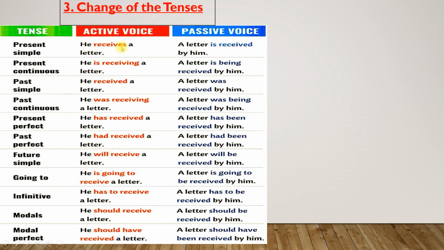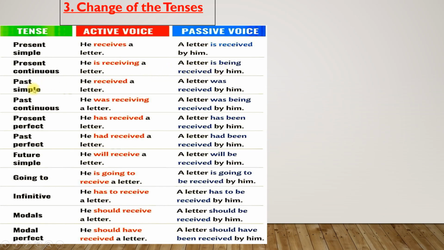He is the subject, receives is the verb, a letter is the object. How does it change? A letter is received by him. So is is used as the be form here, right? Because it is present simple. And what is the present continuous or present progressive? He is receiving a letter. A letter is being received by him.